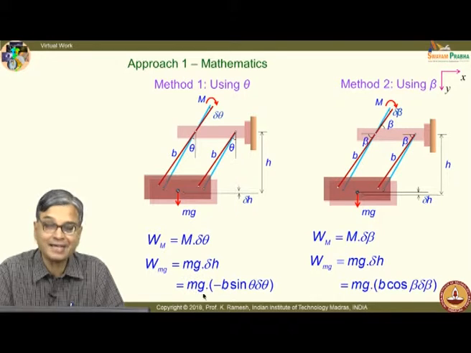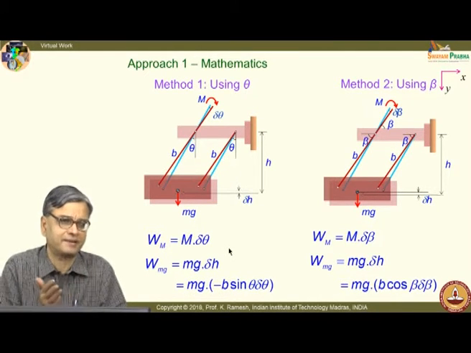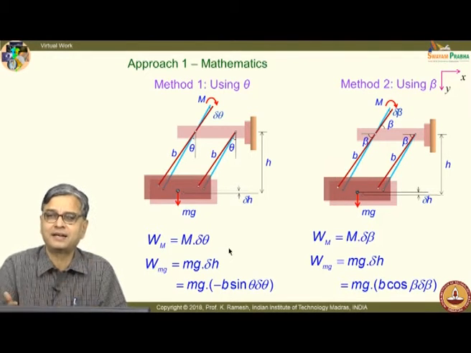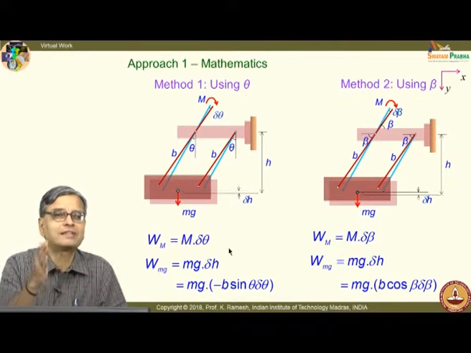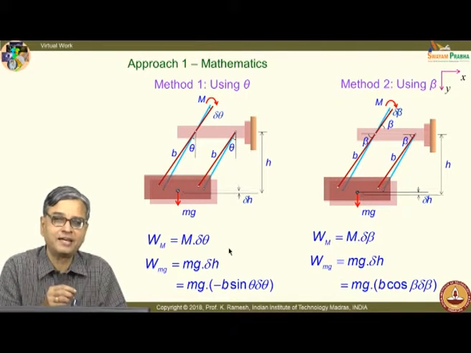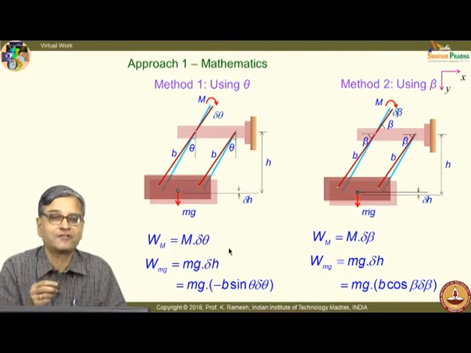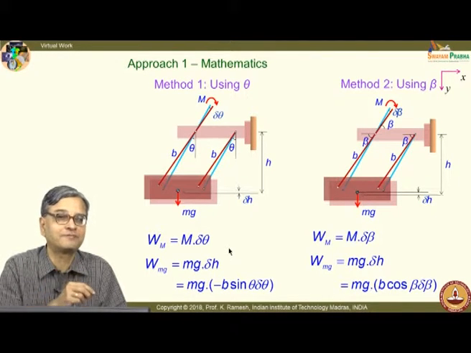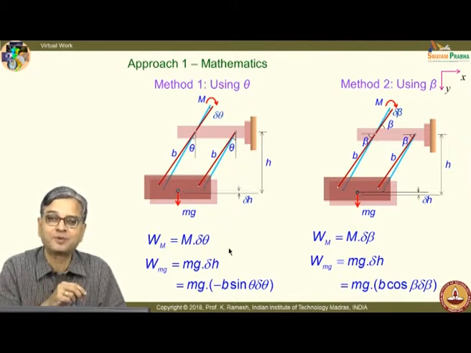I would get in one case a negative quantity, in another case I will get a positive quantity. This is how you would have done. You know, once you start the mathematics, you do not apply your thinking on the nuances. When you use mathematics, you should also look at the nuances, like we have looked at what is the definition of theta, whether theta is positive, theta is negative, whether delta theta is positive, delta theta is negative.